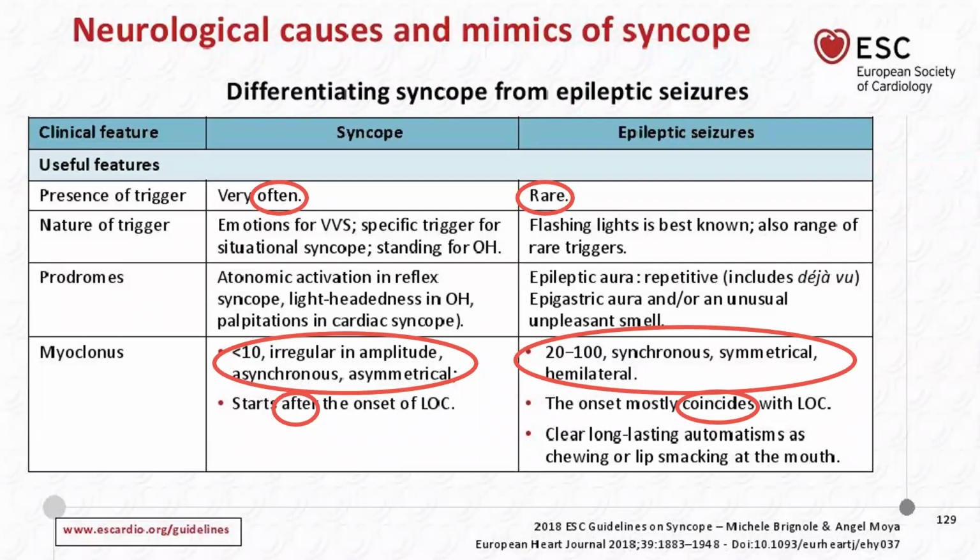Differentiating syncope from epileptic seizure is very important. Syncope very often has a specific trigger, while epileptic seizure rarely does. In case of syncope, myoclonus starts after the onset of loss of consciousness, but in case of epileptic seizure, the onset mostly coincides with loss of consciousness.